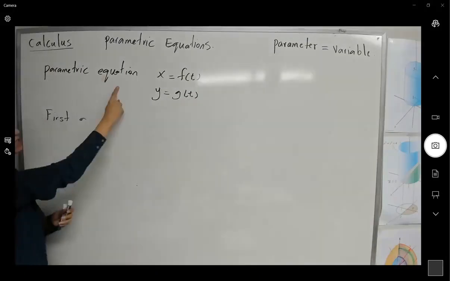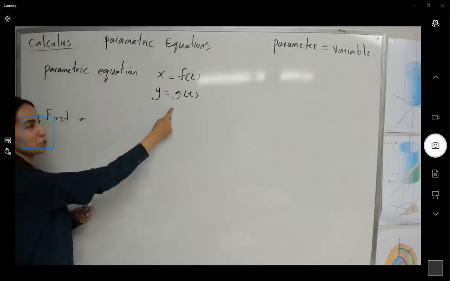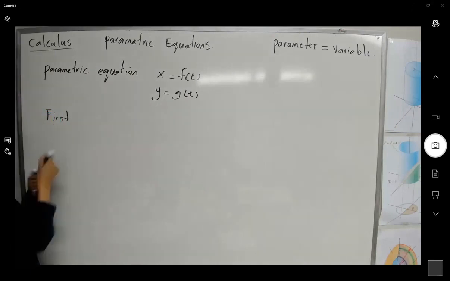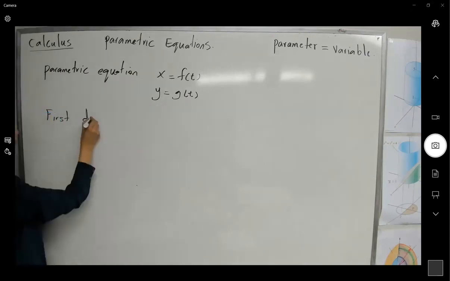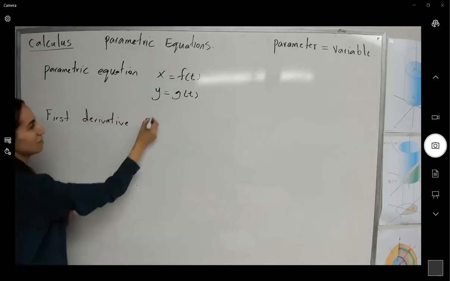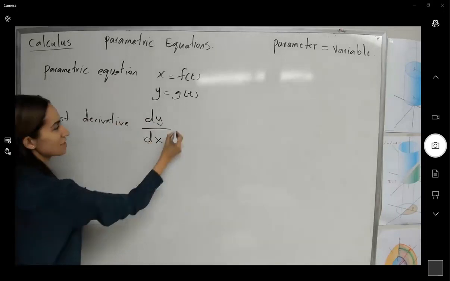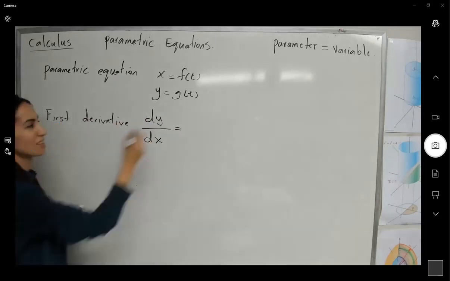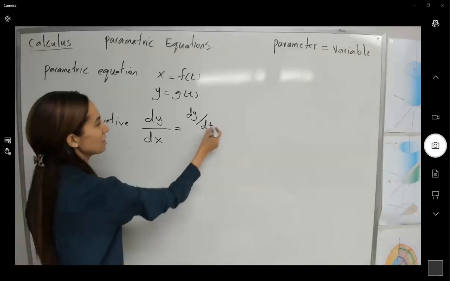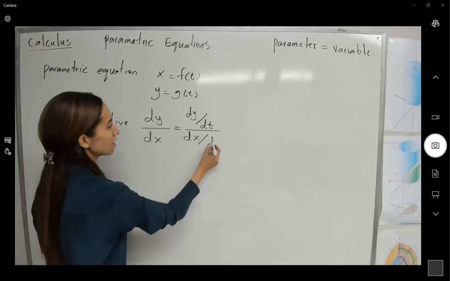First derivative dy over dx is dy over dt divided by dx over dt.